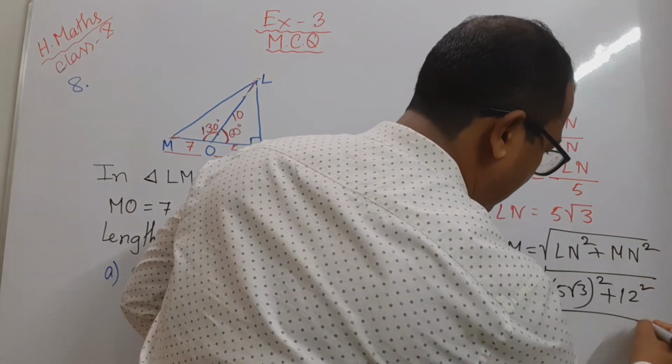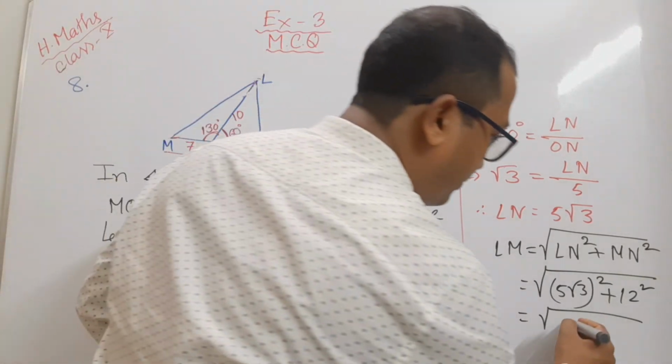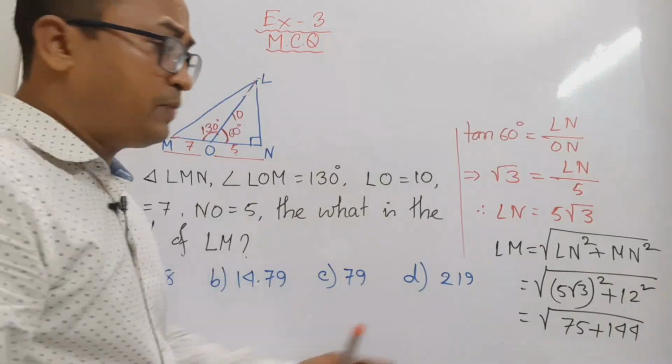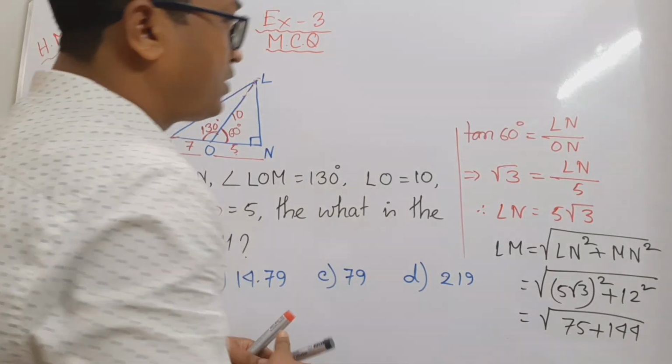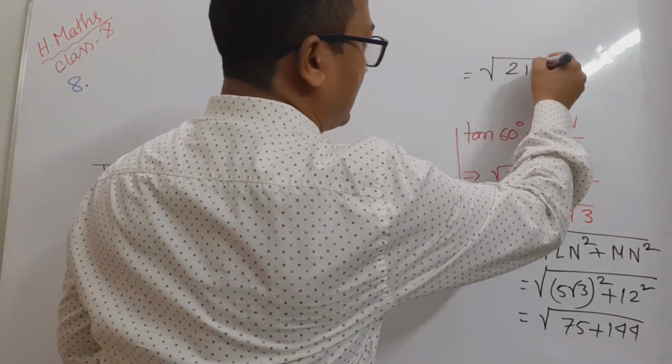So this is 25 into 3, that is 75, and this is 144. If we add these two numbers, it will be 219. So the answer is root over 219.